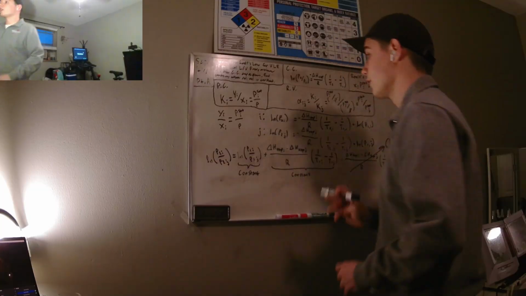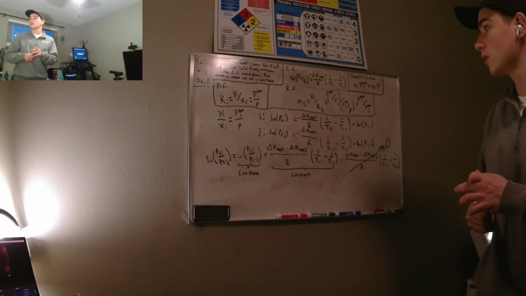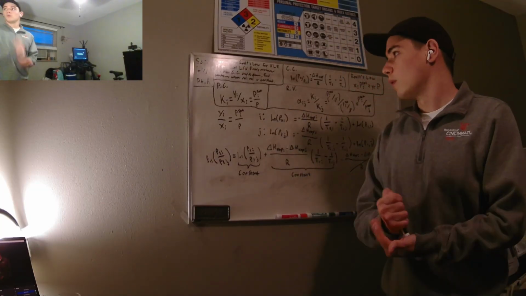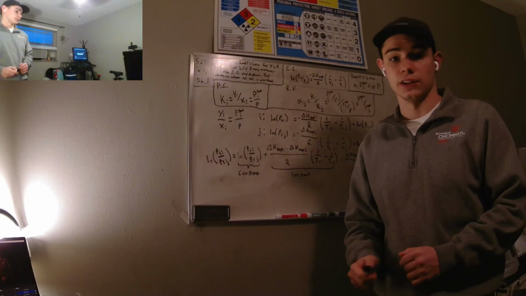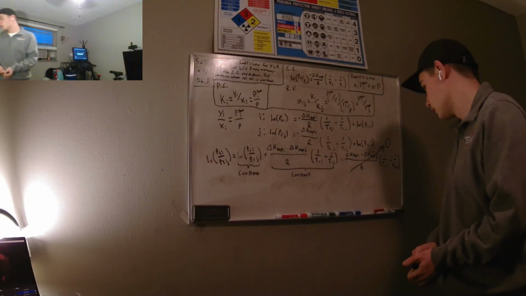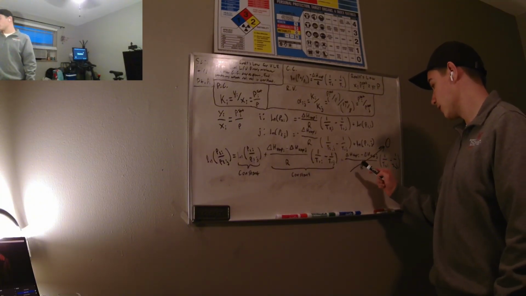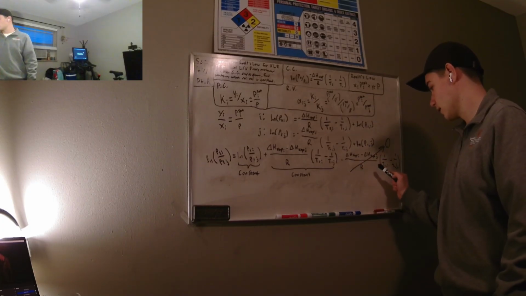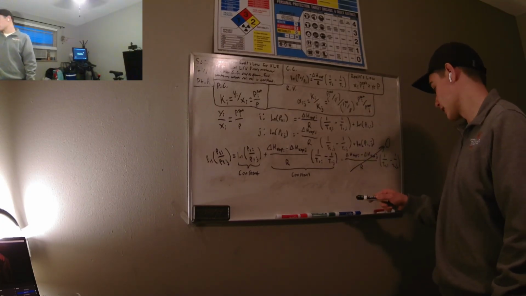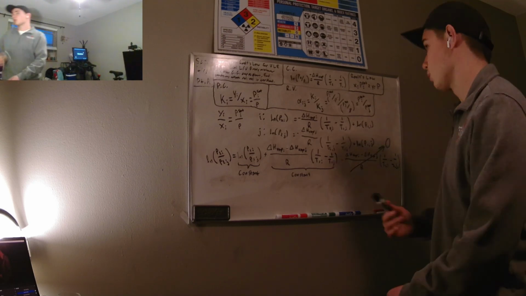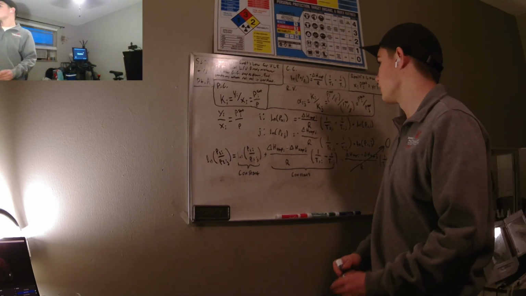So, what are the conditions that give us constant relative volatility? They are assuming that the enthalpy of vaporization for i and for j are the same, knocking out this term, and then, of course, all of our standard Raoult's law assumptions.